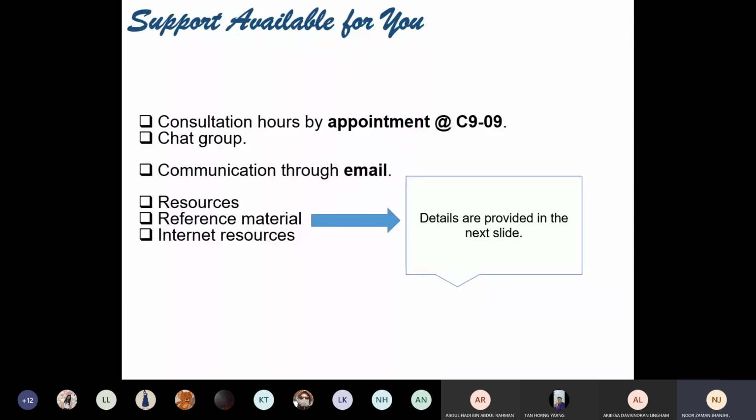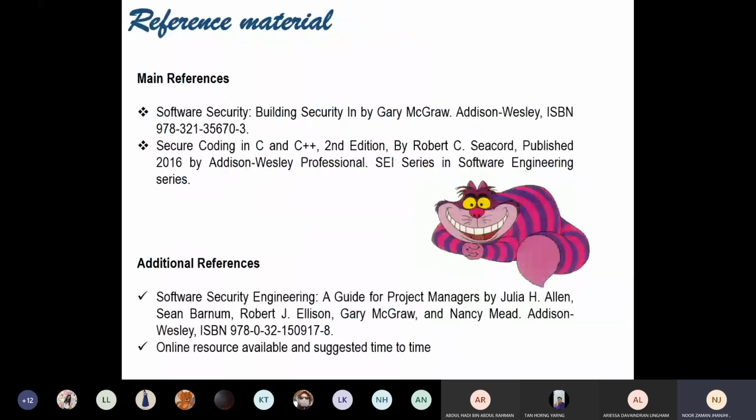For resources, reference material and internet resources, you can use anything. You should not consider that whatever we are pointing out here is full and final. You can find new resources and come up with anything good, which is welcome.